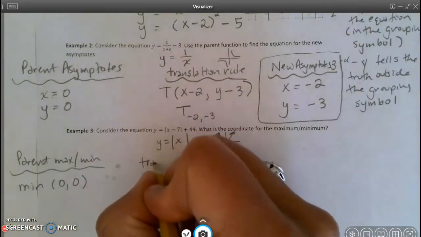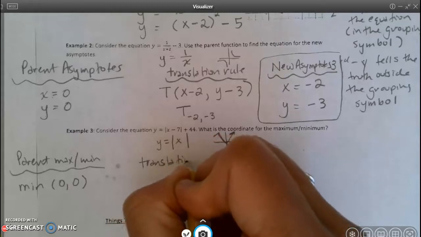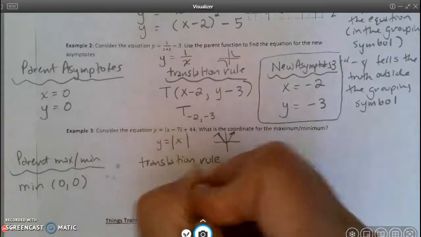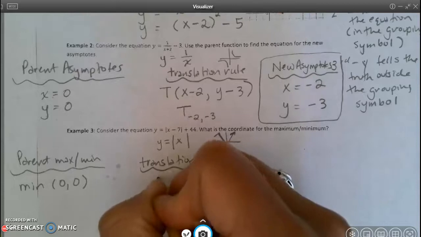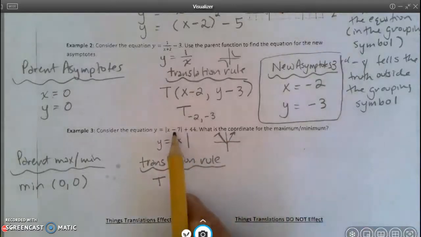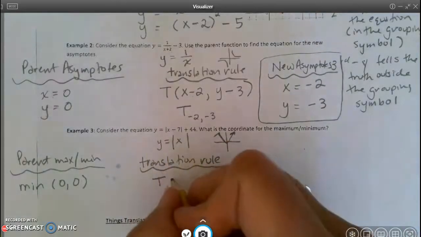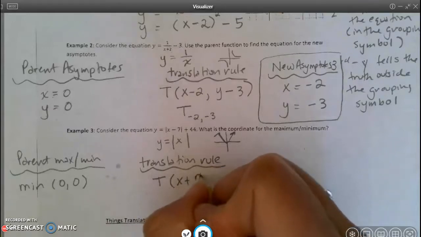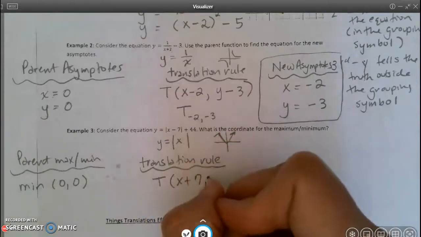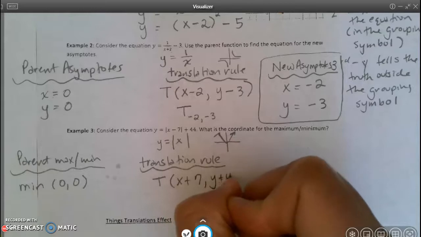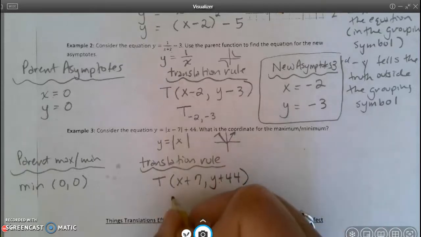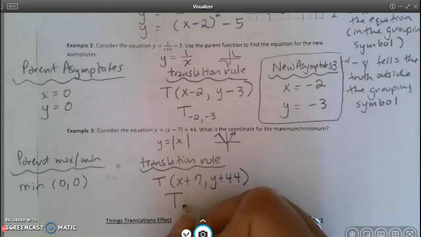I'm then going to write down my translation rule. I look at this, minus 7 in the equation, so it's x plus 7. And plus 44, so that stays the same. I can also write it as 7, 44.